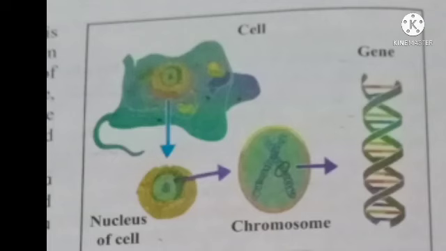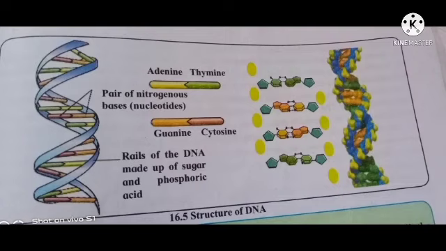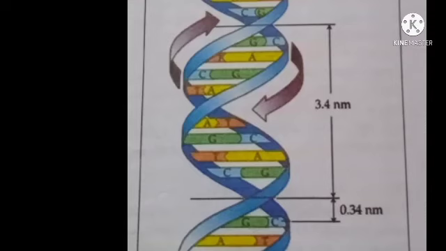Each strand in the molecule of DNA is made up of many small molecules known as nucleotides. There are 4 types of nitrogenous base: adenine, guanine, cytosine and thymine. Adenine and guanine are called purines, while cytosine and thymine are called pyrimidines.